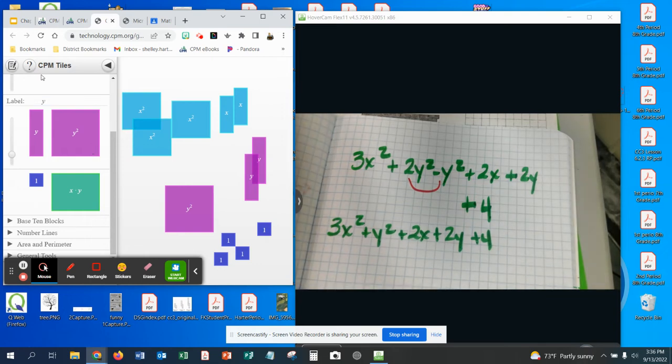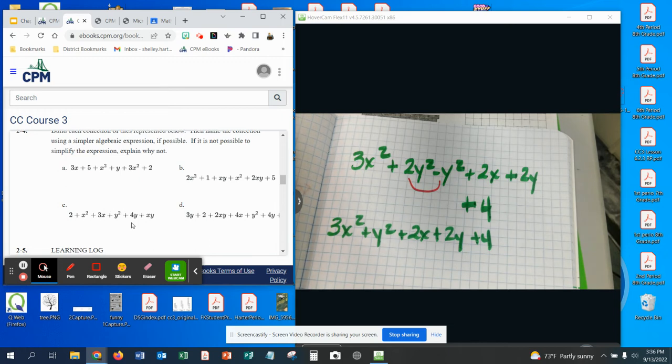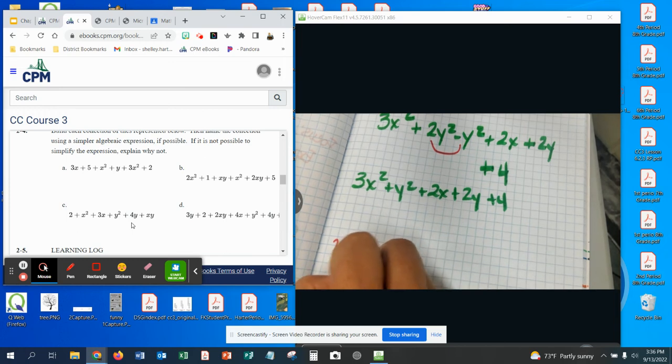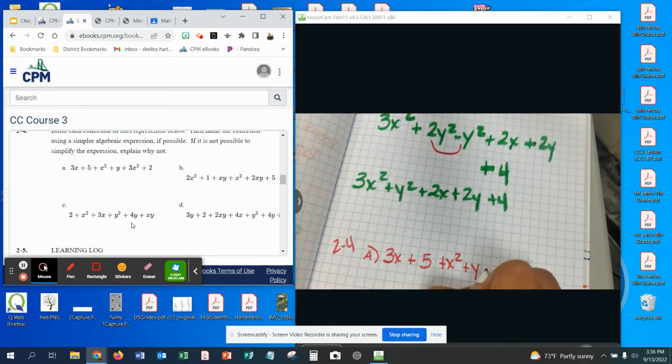Awesome. So when we actually go to one of the CPM problems that they've given us, on 2-4, they want us to do 3x plus 5 plus x squared plus y plus 3x squared plus 2.